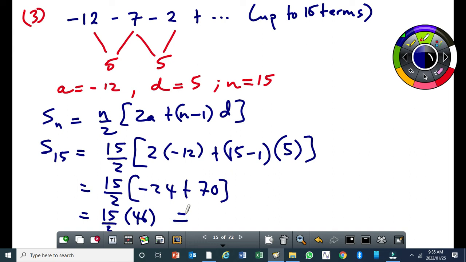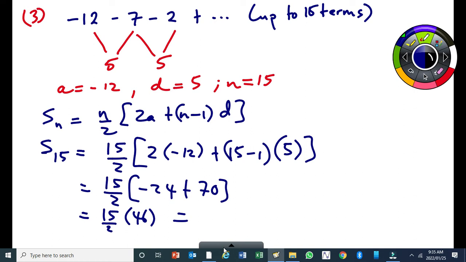What is 23 times 15? Or you can just simplify it for me as it is. 15 over 2 times 46, what do you get? 345.